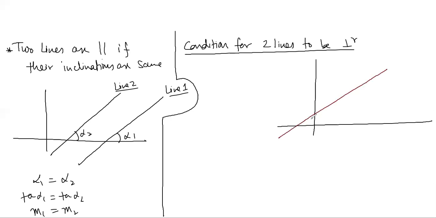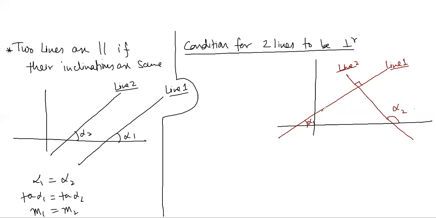सपोज ये लाइन 1 है, दिस एंगल इज अल्फा एंड सपोज दिस इज लाइन 2. So this is line 1 and this is line 2. So angle between both of them is 90 degree. Can you tell me what will be the relationship between alpha 2 and alpha 1?